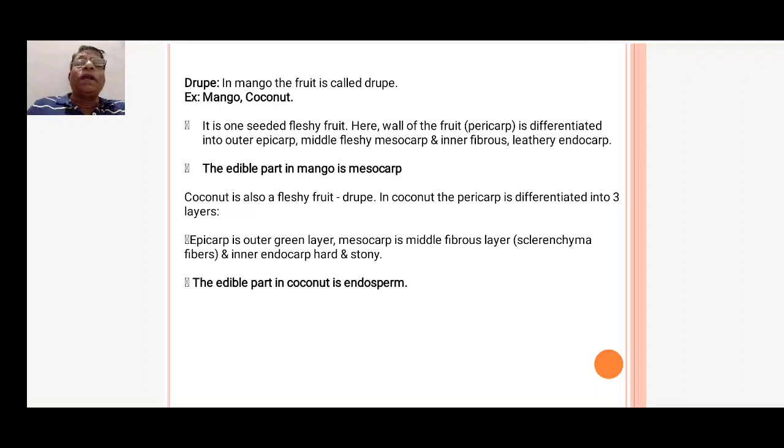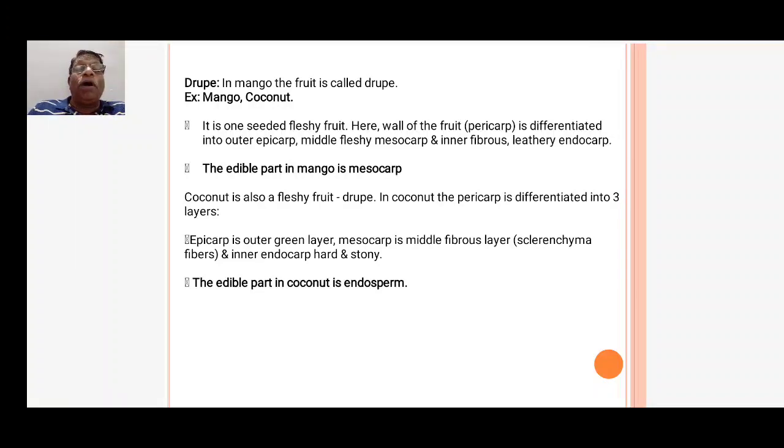The outer epicarp, ಮಾವಿನ ಹಣ್ಣಿನ ಸಿಪ್ಪೆ ಅಂತ ನಾವೇನು ಹೇಳ್ತೀವಿ, ಅದು ಎಪಿಕಾರ್ಪ್. ಮೀಸೋಕಾರ್ಪ್, ಸಿಪ್ಪೆ ತೆಗೆದ ಮೇಲೆ ಬರ್ತಕ್ಕಂಥ ಫ್ಲೆಶಿ ರೀಸನ್, ಫ್ಲೆಶಿ ಪಾರ್ಟ್ is the mesocarp, which is edible. ನೀಟ್ ಎಕ್ಸಾಮಿನೇಷನ್ಗೆ ತುಂಬ ಇಂಪಾರ್ಟೆಂಟ್ ಪಾಯಿಂಟ್.